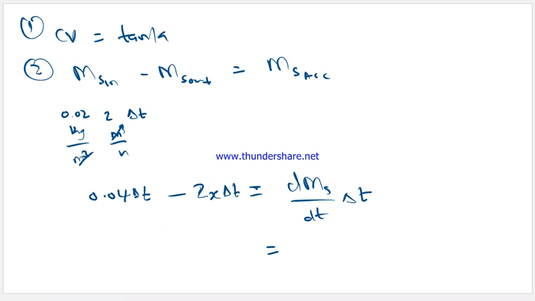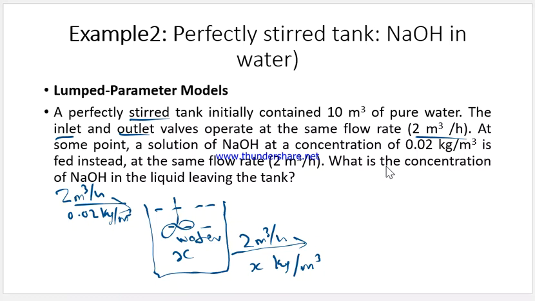What is now the mass of sodium inside the tank? So if you look at the mass of sodium hydroxide inside the tank that is accumulating, it is equal to X, which is kilogram per meter cube, multiplied by V, the volume of the tank, which we say is constant.